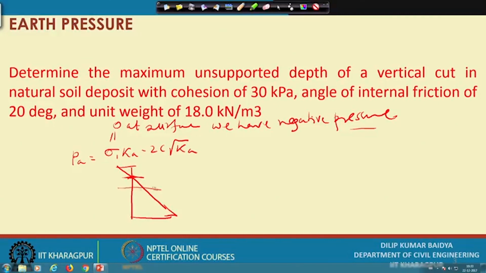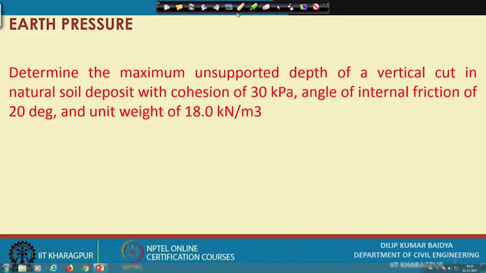Theoretically we can go without support up to this depth, because the negative pressure and the positive pressure together make the resultant thrust on the wall 0. So theoretically up to this much depth we can do excavation without support. This I have discussed during the theory discussion.